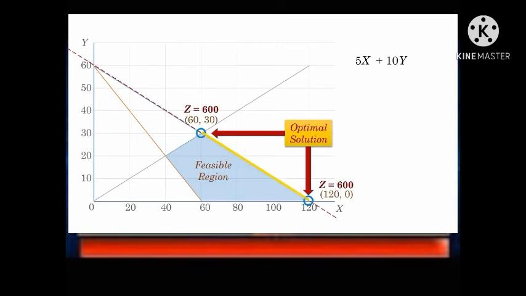Every point on the line between them is also optimal and will give a z value of 600. For example, the value of z at this point (80, 20) is 600, and the z value at (110, 1) here is also 600. And that's it for this video. Thanks for watching.